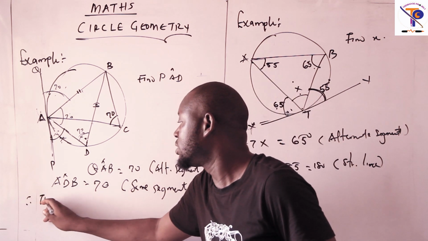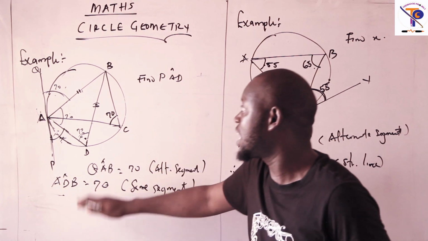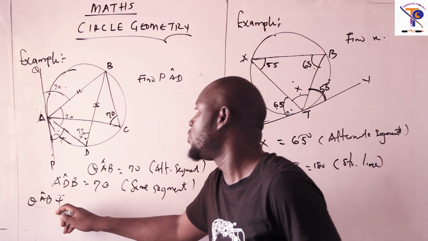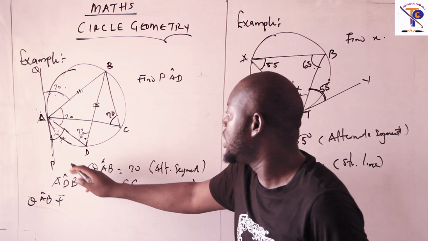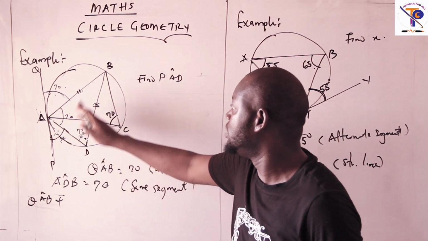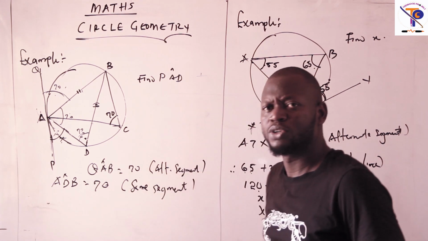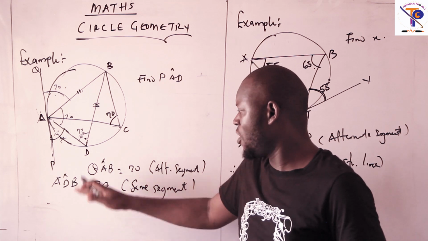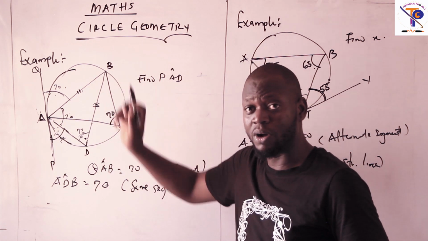Therefore, 70 plus 70, or before that I can say QAB plus ABD. But before that, we have not talked about this. We only talked about it in the analysis.